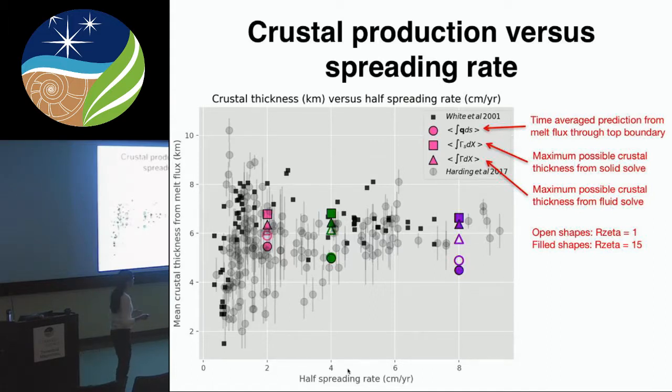It's great work by White et al., 2001. And the gray circles are a more recent seismic compilation of crustal thicknesses versus half-spreading rate. Those are all observations. And the colored squares, triangles, and circles are from the models.